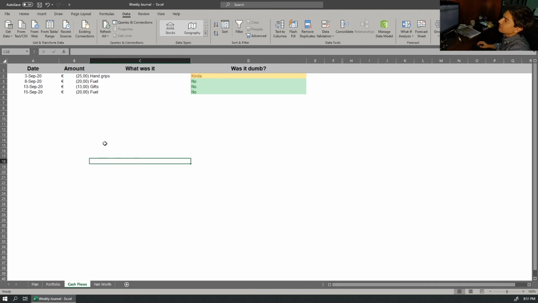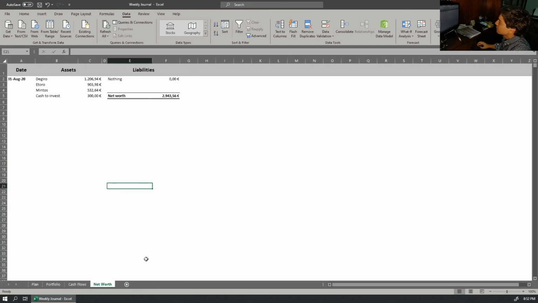Cash flows is still the same. As you can see, I've made some more expenses, but nothing that dumb. And the last page, which I've already shown to you, but is now more structured, is where I will register my net worth. I will also do it on a monthly basis, I guess. Of course, I won't disclose all my money.